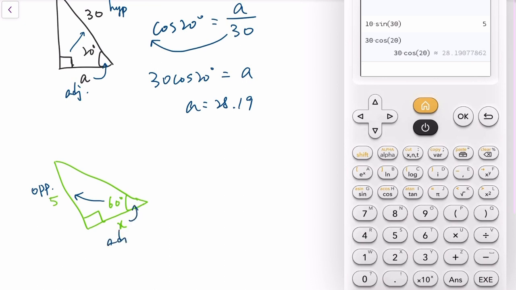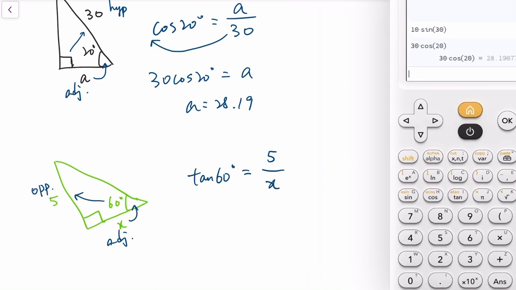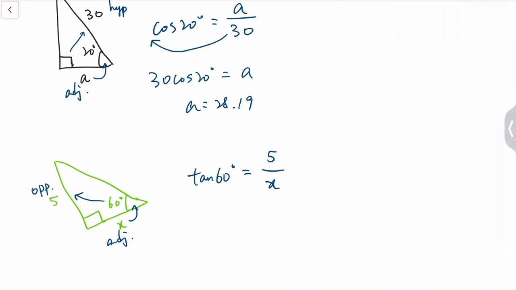So this is adjacent. And opposite and adjacent, if you think about it, would be tangent. Tangent of the angle is the opposite side over the adjacent side. Okay.